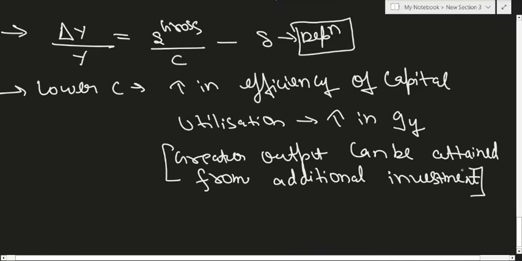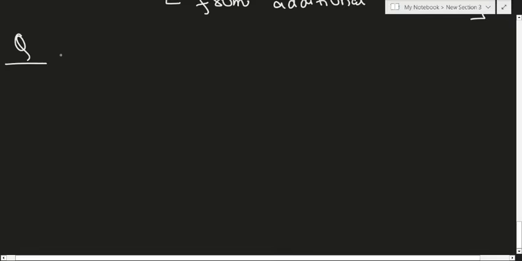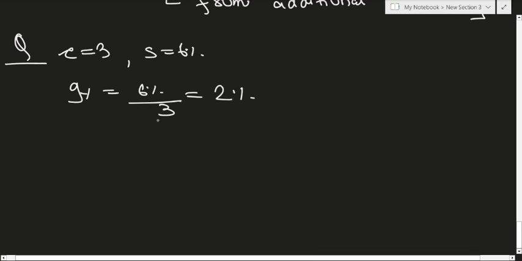Alright, let's do a numerical example for the Harrod-Domar model. Let us say we are given C equals 3, S equals 6%. So we have GY equals S upon C. We get growth rate of GDP as 2%.